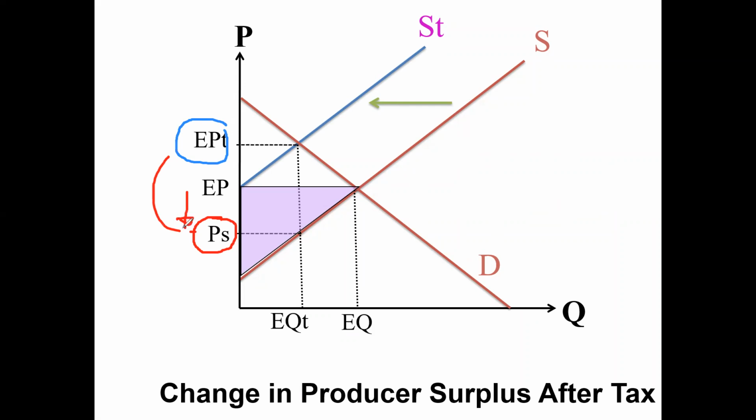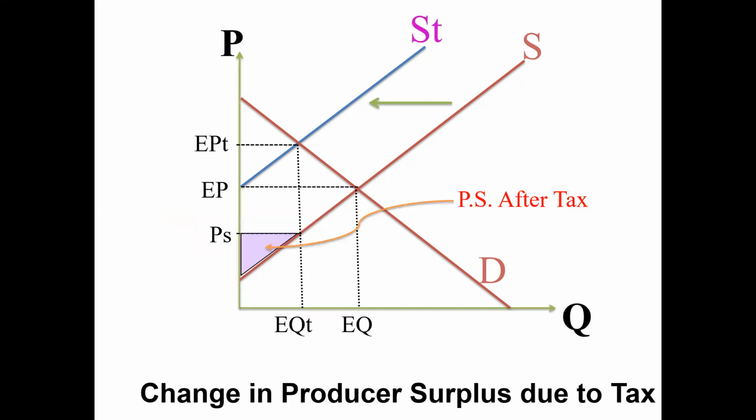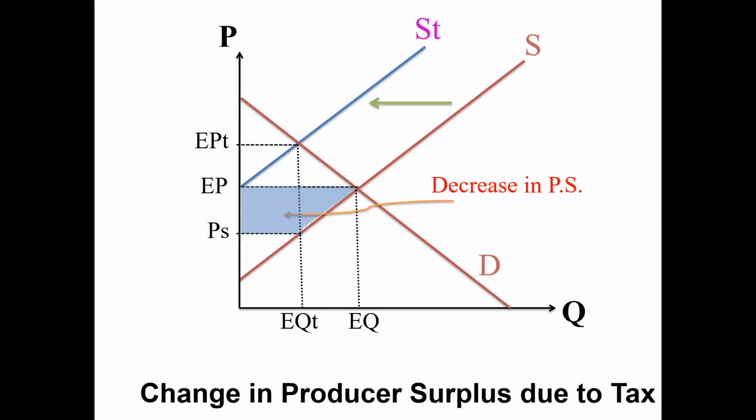Now producer surplus is based on this PS price. Based on PS price, producer surplus is this. This is producer surplus after the tax. So you can see producer surplus also decreases due to tax. So this is a loss to the producer due to tax.